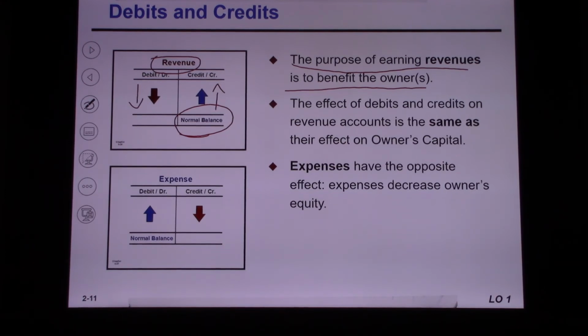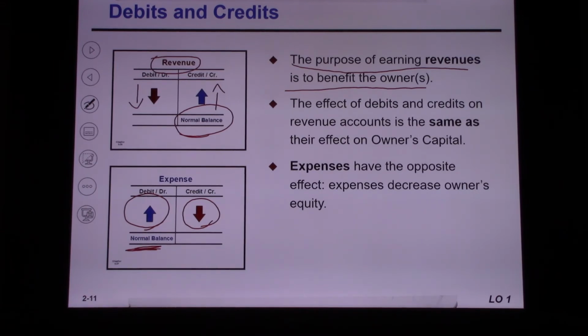So when your expenses increase, write them in the debit side, and when your expenses decrease, write them in the credit side. So now, what is the normal balance for the expense account? The normal balance will be the debit side, because expenses increase in the debit side.